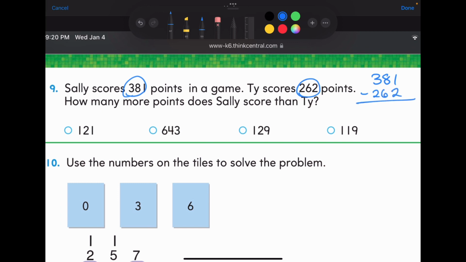I'm just working this out to the side. Once I solve this problem and I regroup like I need to, I'm solving in the ones. So now 11 minus 2 is 9. I can do 7 minus 6, which is 1. Then 3 minus 2 is 1, so my answer is 119.